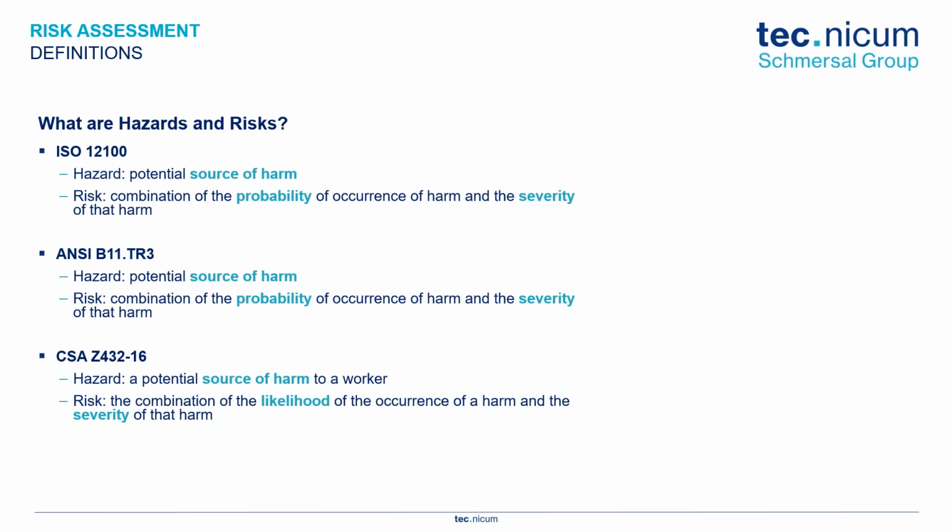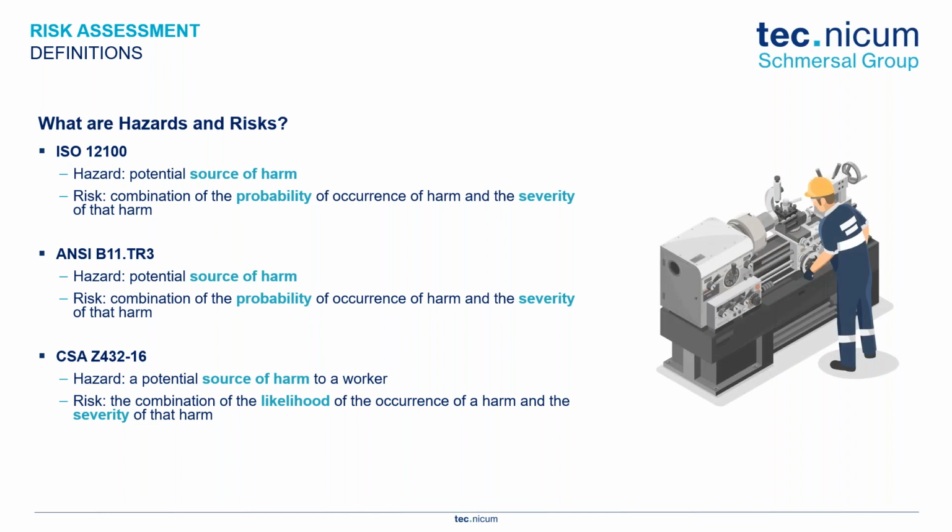All right, let's look at these definitions and try to relate this to something that maybe we all can understand a little better, especially that definition of risk. If we look at a horizontal lathe, as in this illustration, and I ask, let's do a risk assessment, right? So we go to the machine and we haven't gone through the entire process of the risk assessment, but we all kind of have a basic understanding that we need to identify what's wrong with this machine.